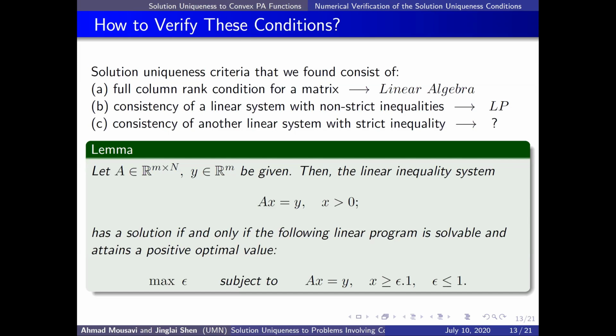You can actually show that this system has a solution if and only if this linear program finds a positive optimal value. So what does that mean? Instead of using the logarithmic barrier functions that people use in the literature to check the feasibility of such a system, you can actually use linear programming.